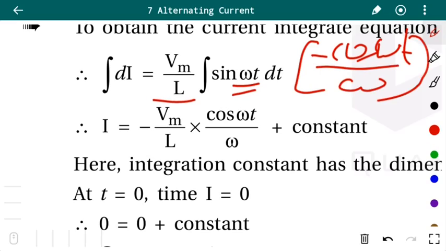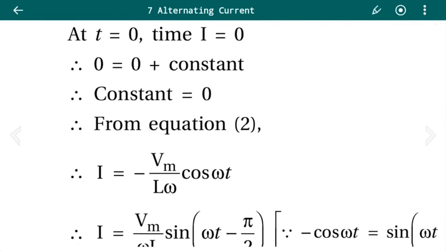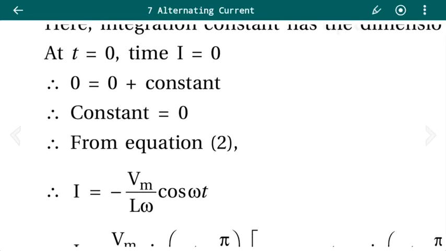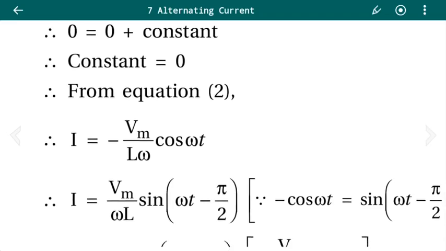So the equation becomes minus Vm upon L into cos omega t upon omega. Here we are taking the limit from 0 to t, and the equation becomes i equals minus Vm upon omega L cos omega t.